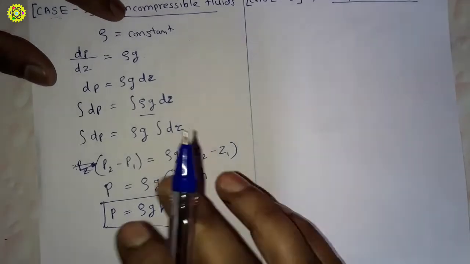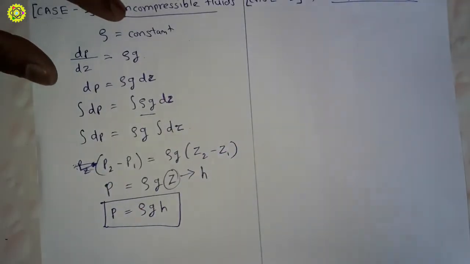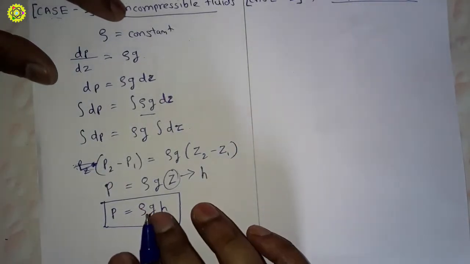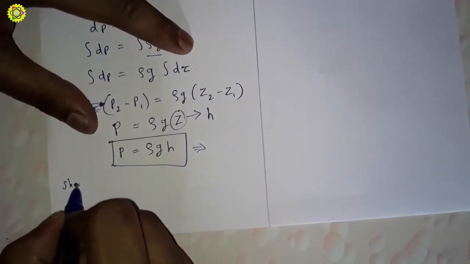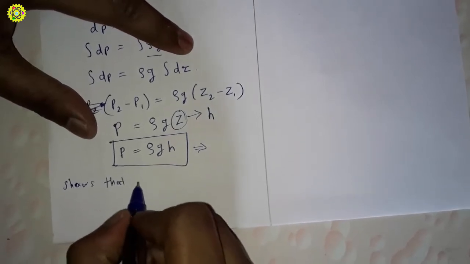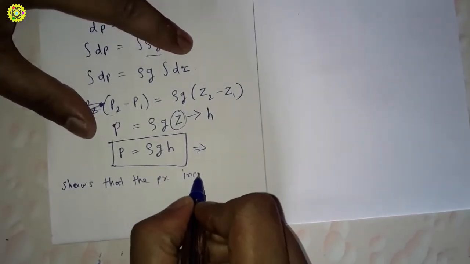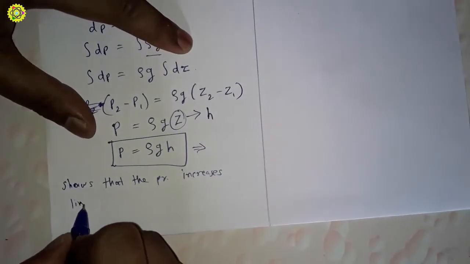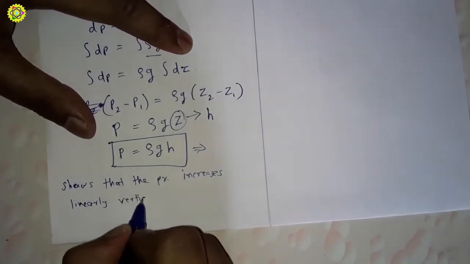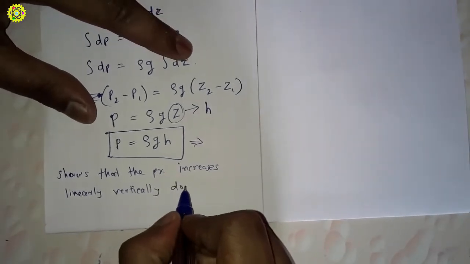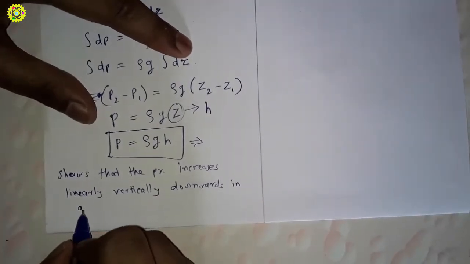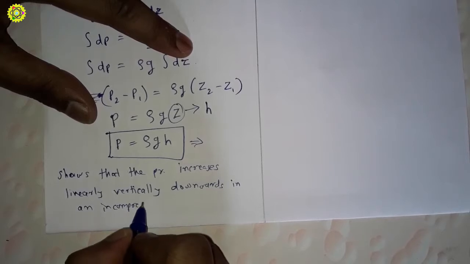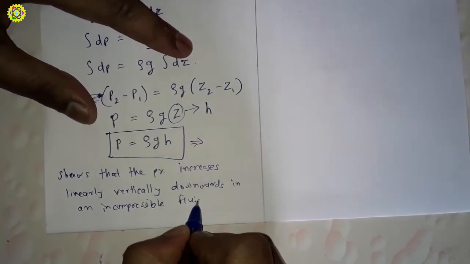As you can see, this equation shows that the pressure increases linearly vertically downwards in an incompressible fluid.